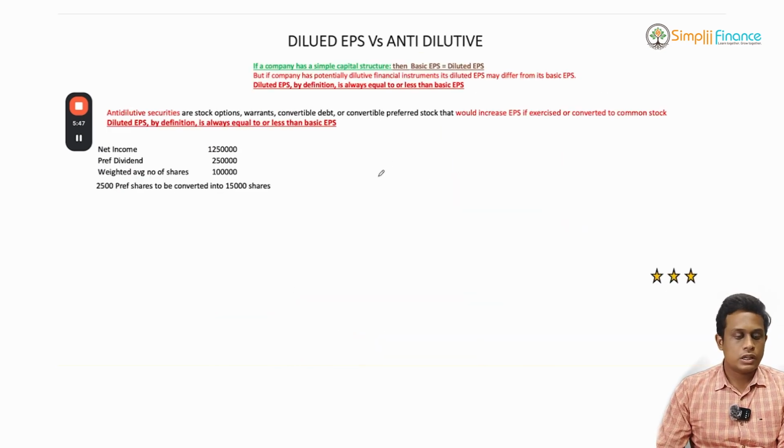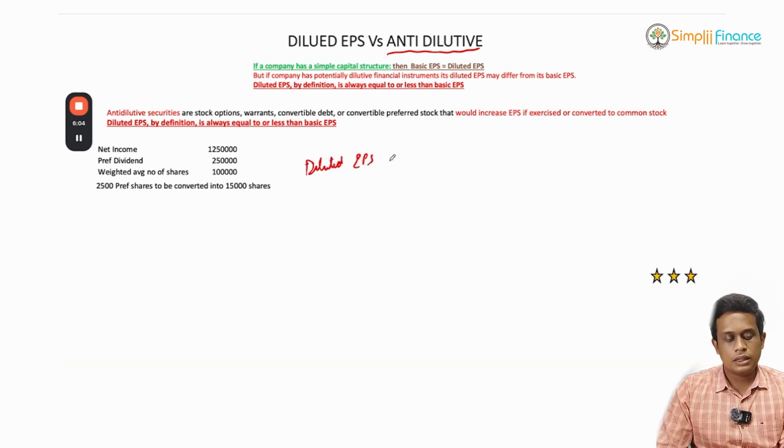But there is one small important concept called anti-dilutive securities. So what are anti-dilutive securities? Anti-dilutive securities are those securities which make the diluted EPS increase.